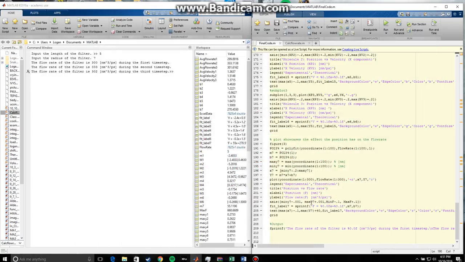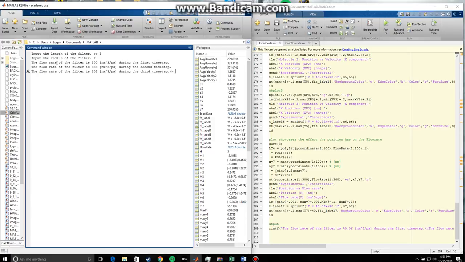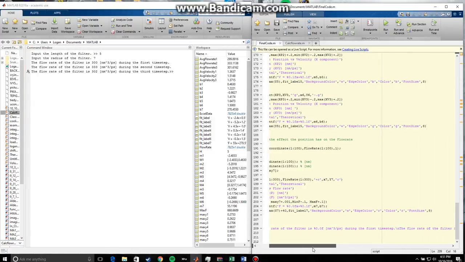That's just utilizing what we've already defined before. We polyfit, we have the x labels, the y labels, the axis, the equation, and down here is where we get the output of the flow rate in the command window.